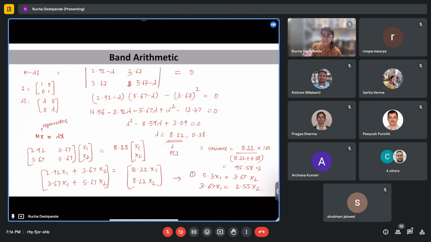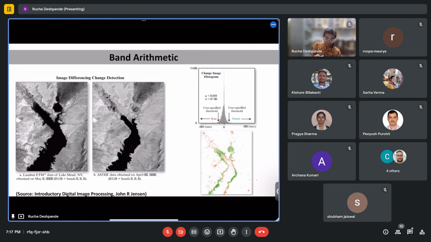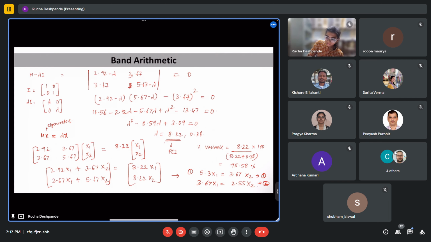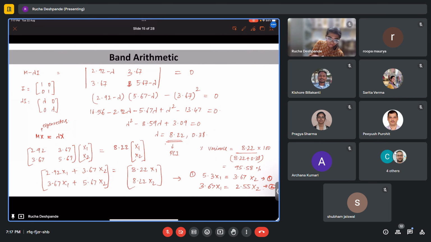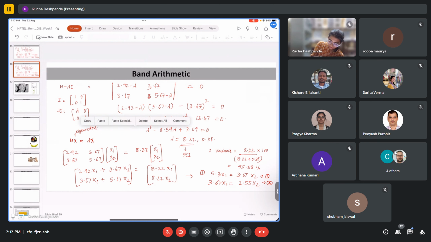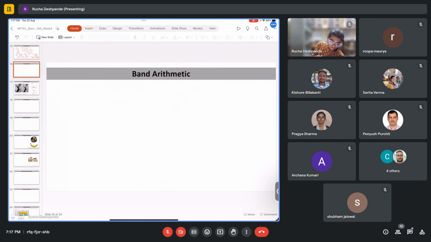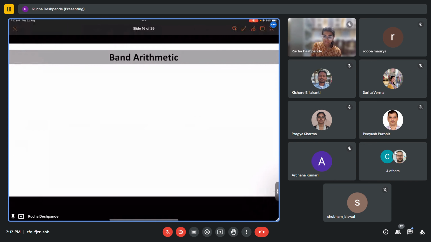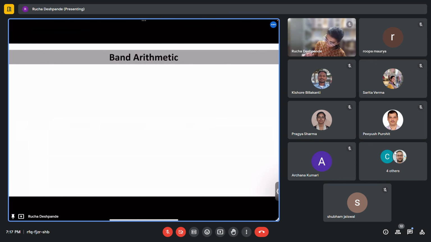If we find the ratio of x1 and x2 in both these equations, this ratio is the same.